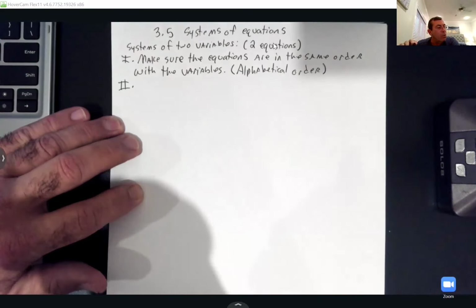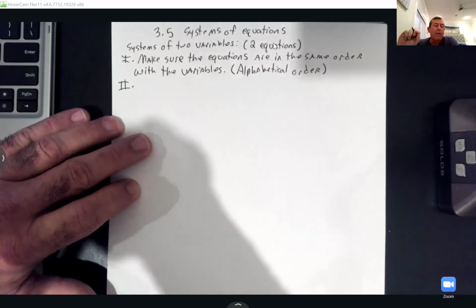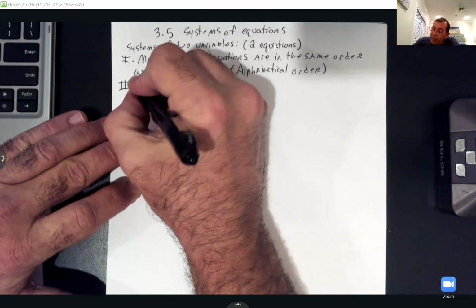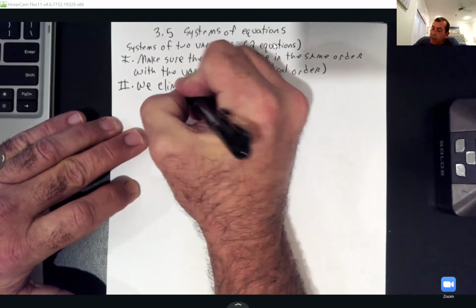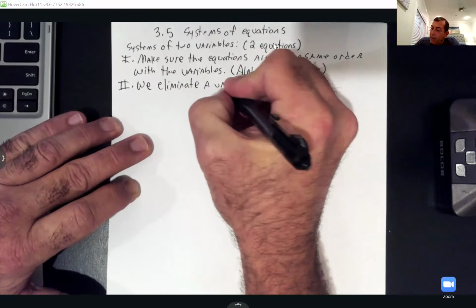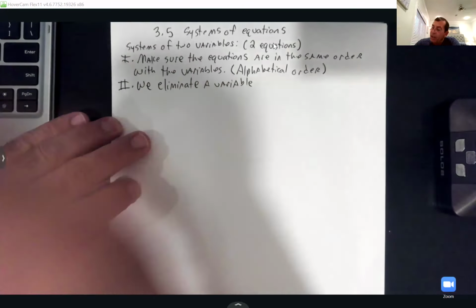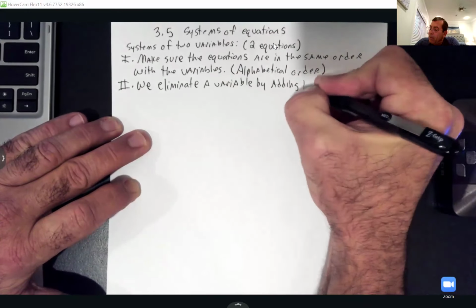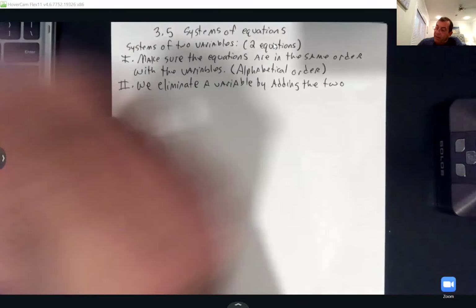All right, so here's how we solve these two equations. We try to eliminate one of the two variables. So we can eliminate a variable by adding the two equations together.